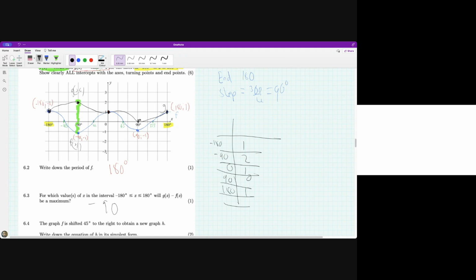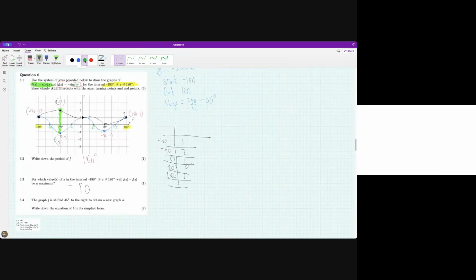So let's just test this out. If this works, g of x minus f of x is just saying, look, what is the distance, the y value of the g graph minus the y value of the f graph.